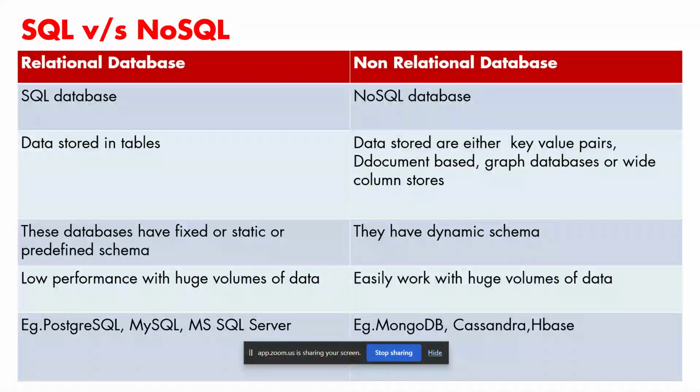Now the next thing we have is that we said that a relational database has a fixed, static, or predefined schema. I'm sure most of you have done data modeling in Power BI.